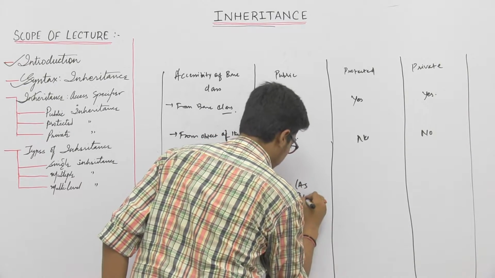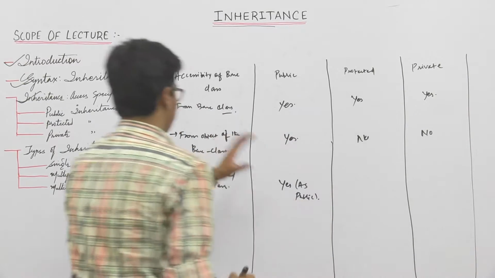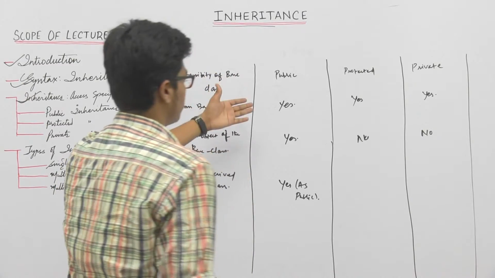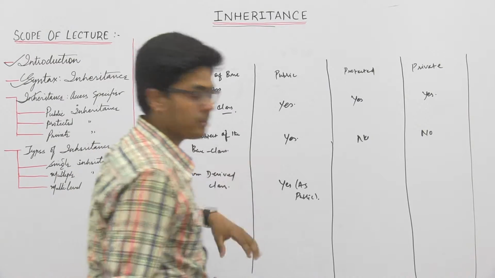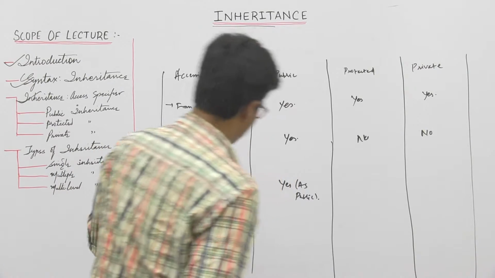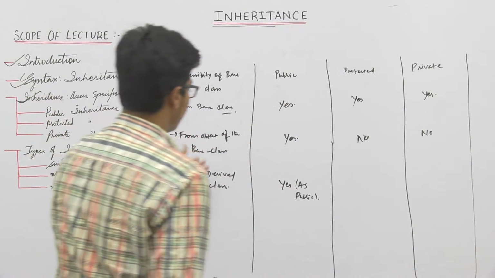Because it is public, you can directly access it from the public class, and data members can be accessed inside the classes.